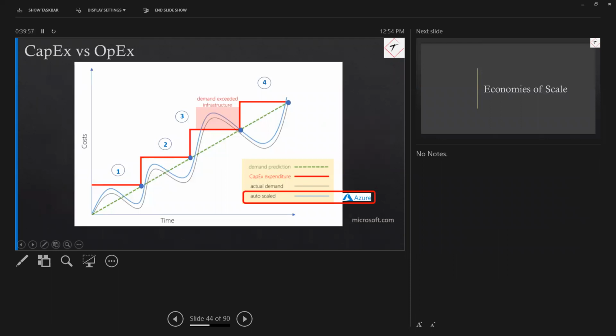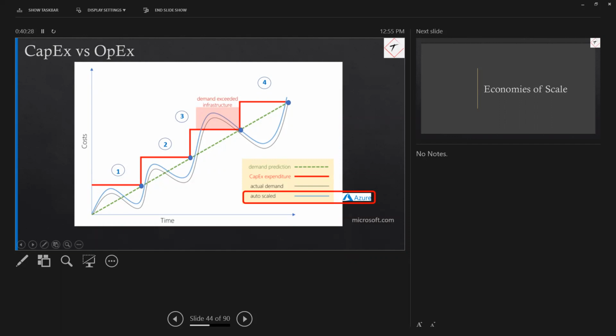So let us look at capital expenditure, operational expenditure, and how Azure helps you to save costs. For example, this is your demand for resources, the black line, where you see it is not stable, it keeps going up and down. And if you have to meet this demand, you will have to have capital expenditure here.